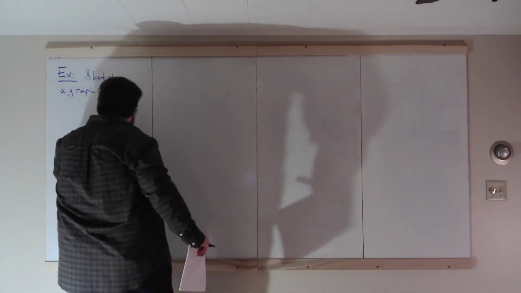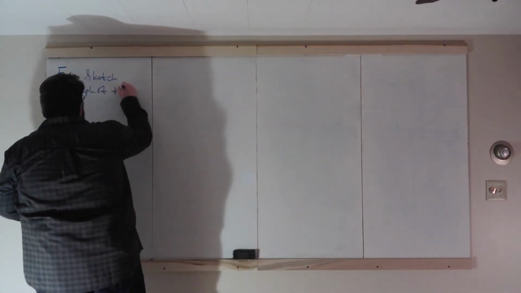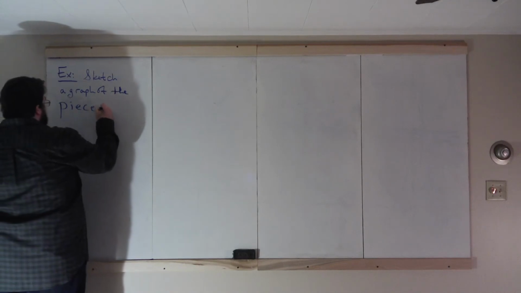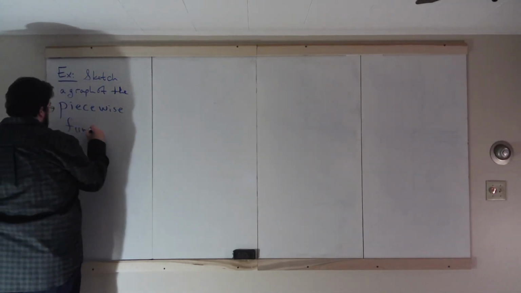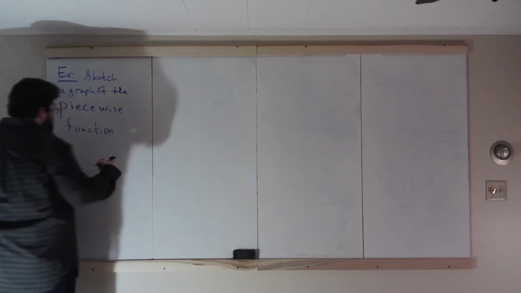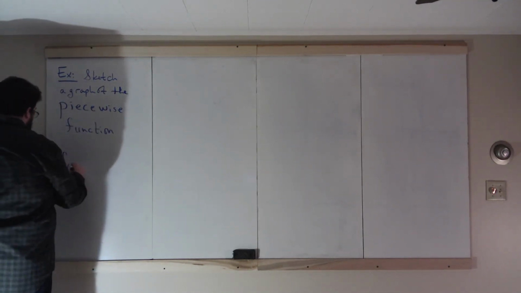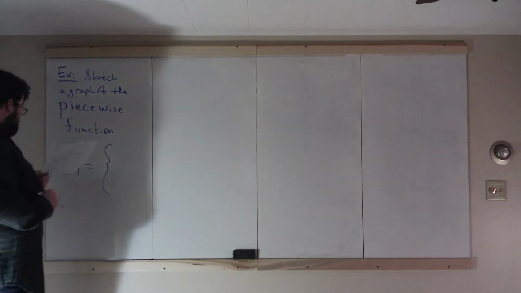So we'll say, for this example, sketch a graph of the piecewise function, P-I-E-C-E-W-I-S-E. And we're going to define this function in pieces. We'll define this one in 2 pieces. And we'll use a curly brace for it.